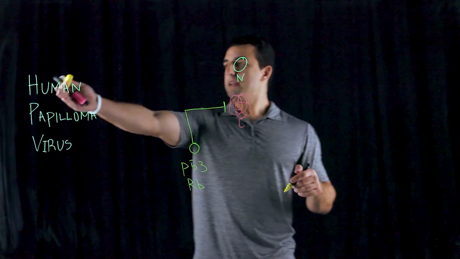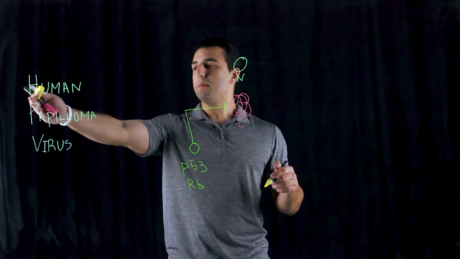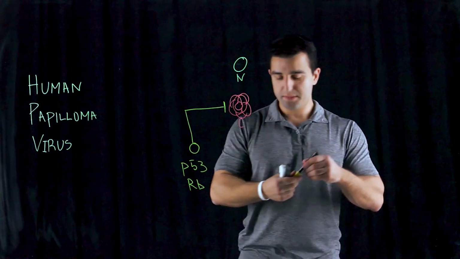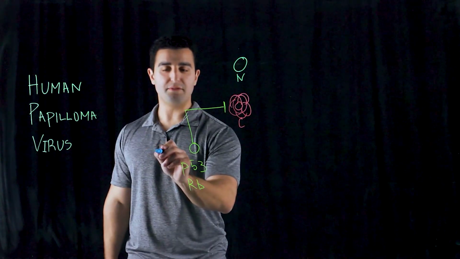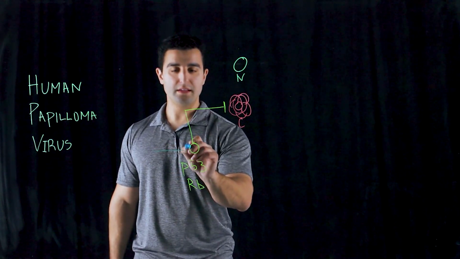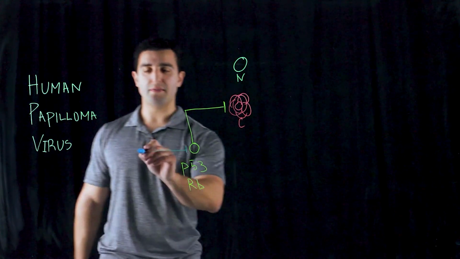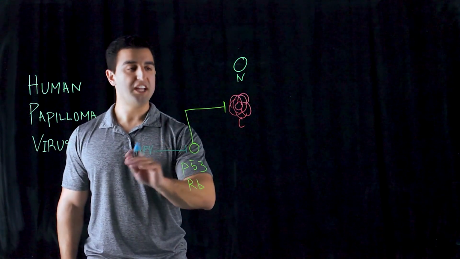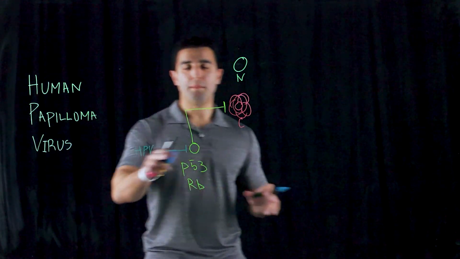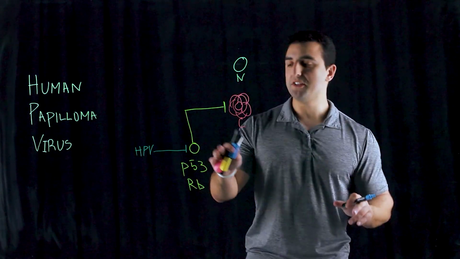Patients that are exposed to human papillomavirus, this specific virus comes in and infects these tumor suppressors. So if I have HPV come here, HPV actually binds to these proteins and destroys them.